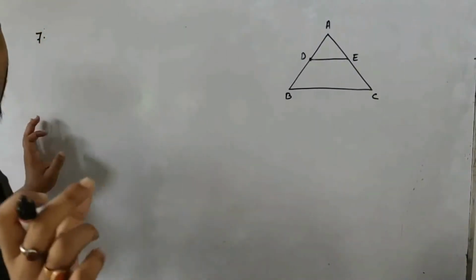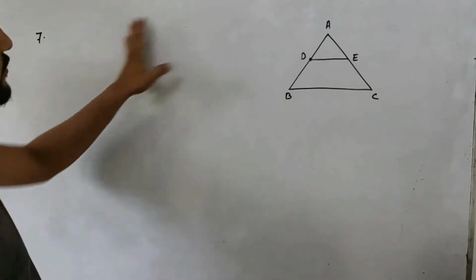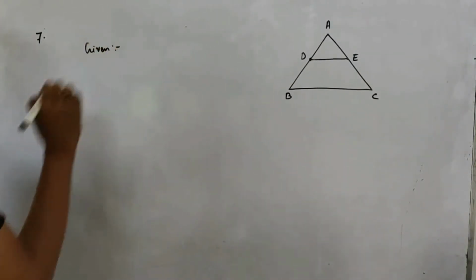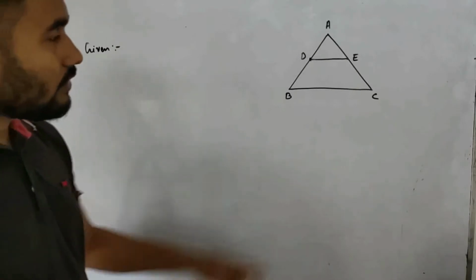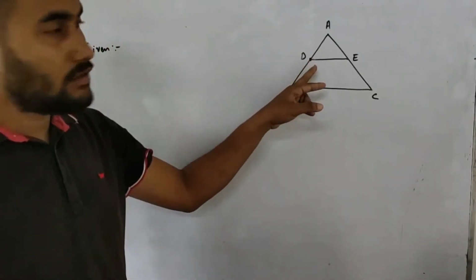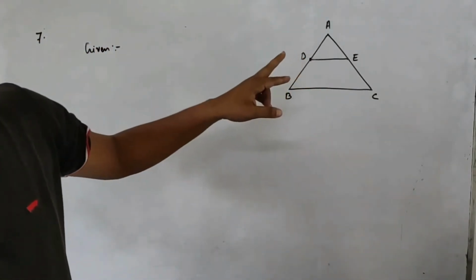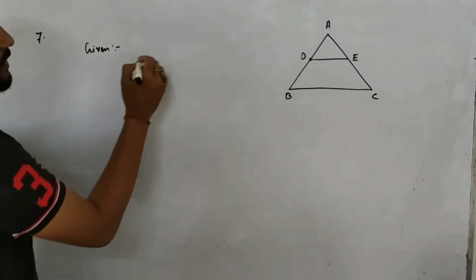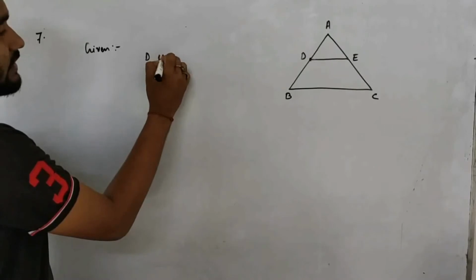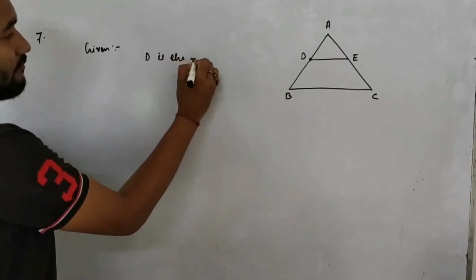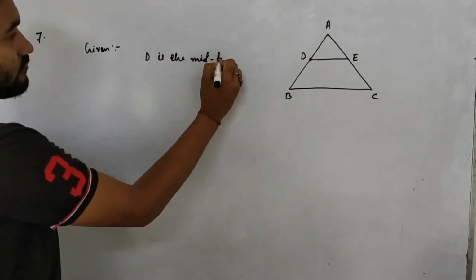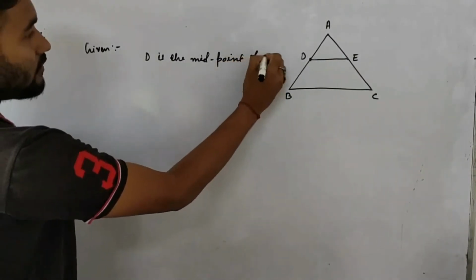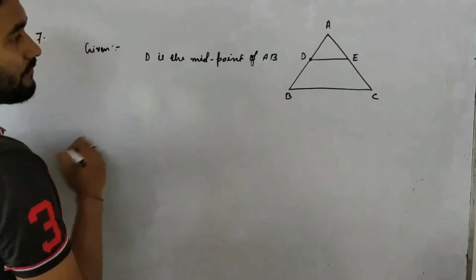The last line in the question, that one we have to prove. First line is given. So let us write the given portion. First line was given: the midpoint of one side of a triangle. This is the one side, right? So this is the midpoint. So D is the midpoint of AB.